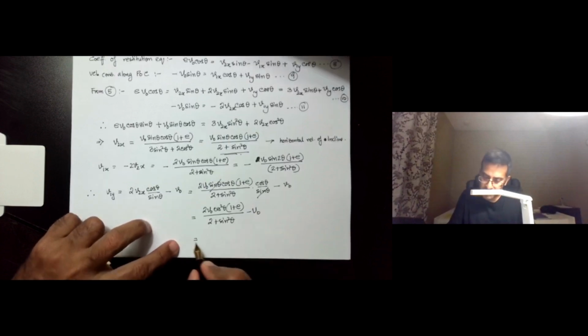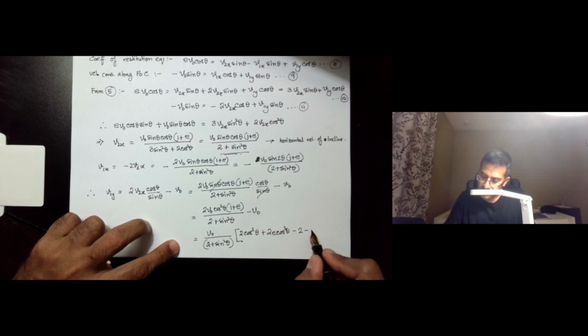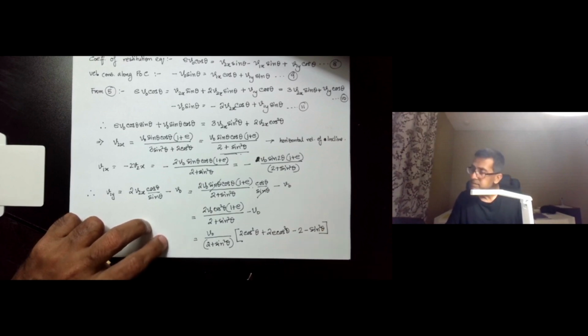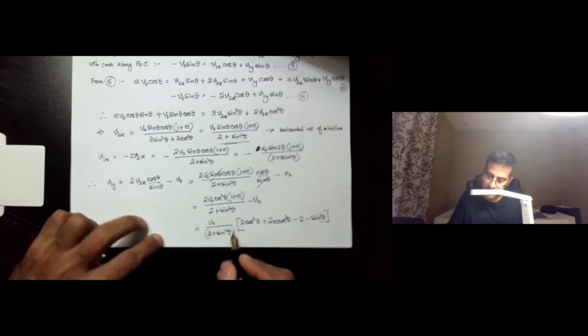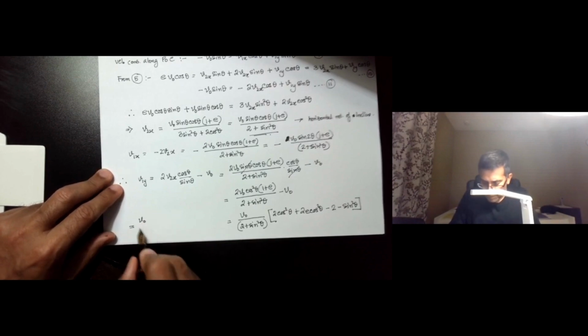Another step of simplification could be done. We can say that this is v naught over 2 plus sine squared theta times 2 cosine squared theta plus 2e cosine squared theta minus 2 minus sine squared theta. Yep, that is right. As the last step of simplification, I can slightly simplify it, not much.